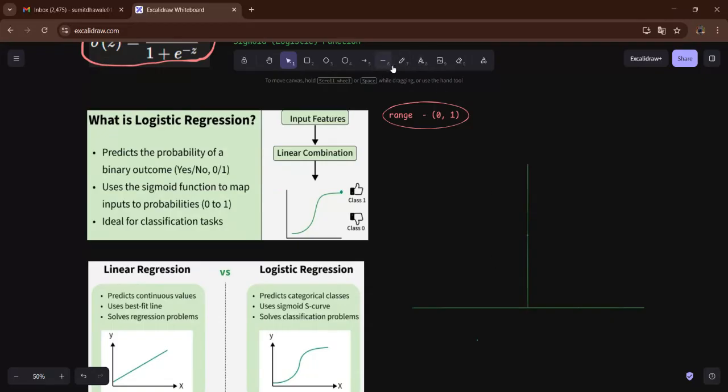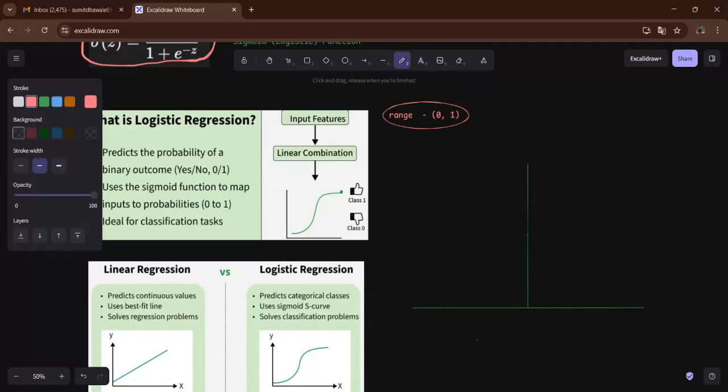Here is the graph we try to draw. There is a 1 over here and here is a 0. So the graph will look like an S shape. It does not move above 1, so its range is from 0 to 1 only.